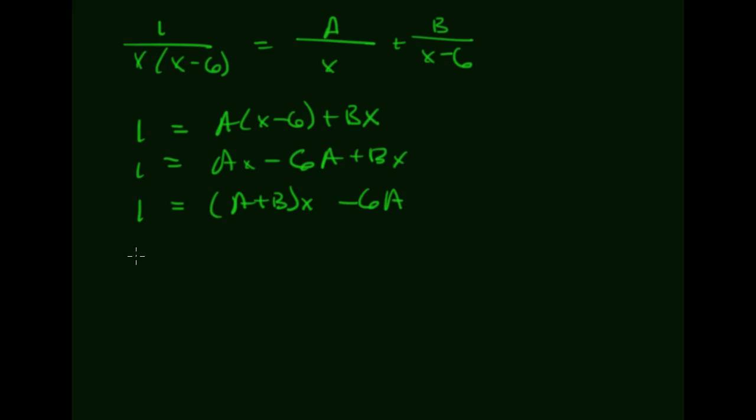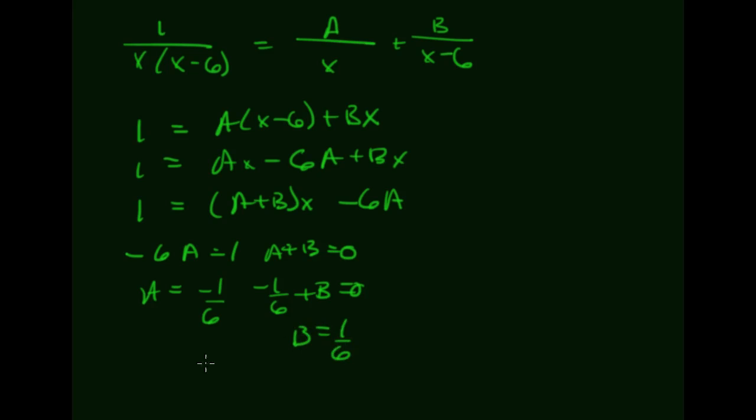So this means that negative 6a has to be 1, which means a is negative 1/6. And a plus b has to be 0, so negative 1/6 plus b is 0, which means b is 1/6. So the decomposition is negative 1/6 times 1 over x plus 1/6 times 1 over x minus 6.